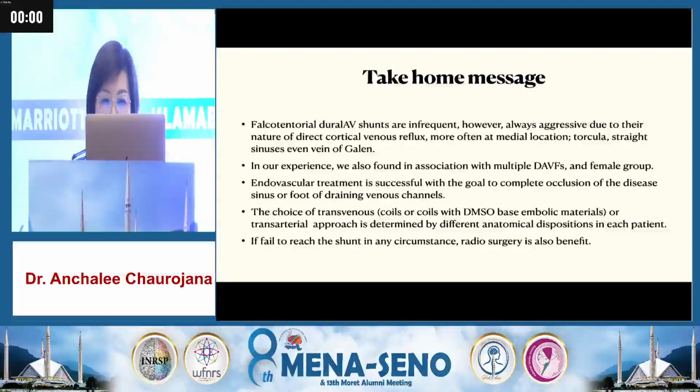And in our experience, we found a few cases corresponding with multiple dural shunts, and also found in the female group. So endovascular treatment is successful, and I think it's 100% that we can cure by using transarterial or transvenous. It depends on the anatomy and the things that you think.